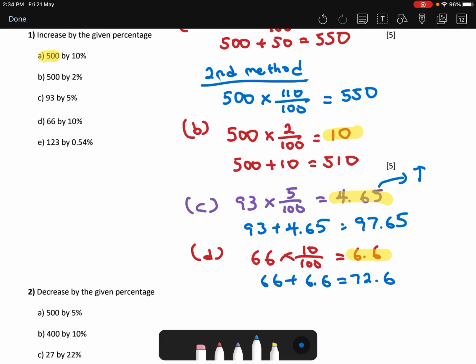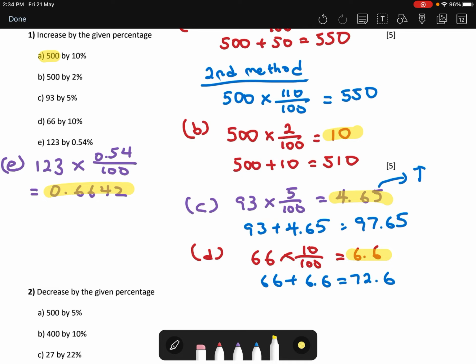Right. So last but not least, E. I write here 123, I increased by 0.54%. So it's a very, very small increase, right? It's less than 1%. So 123 times 0.54 divided by 100 equal to 0.6642.